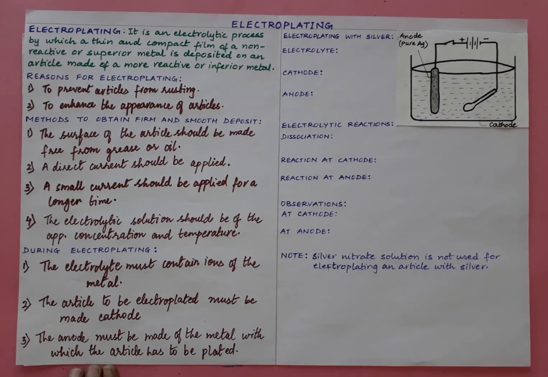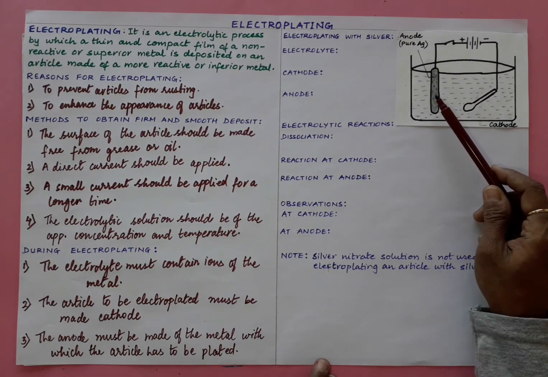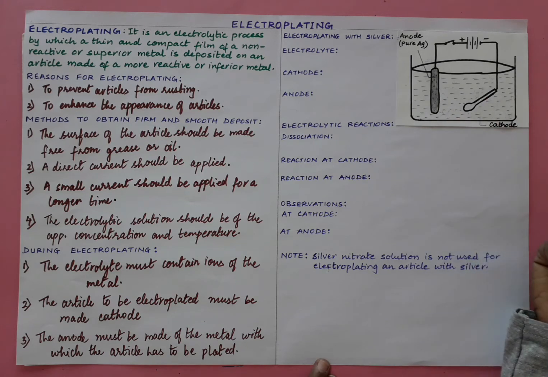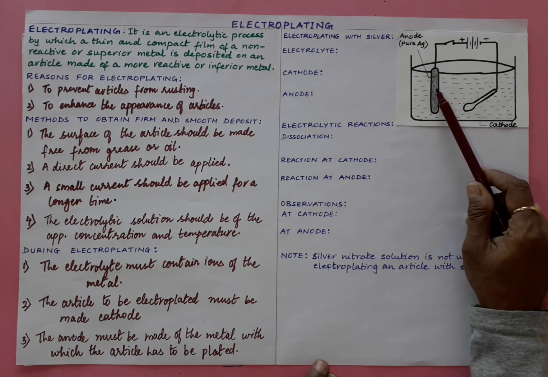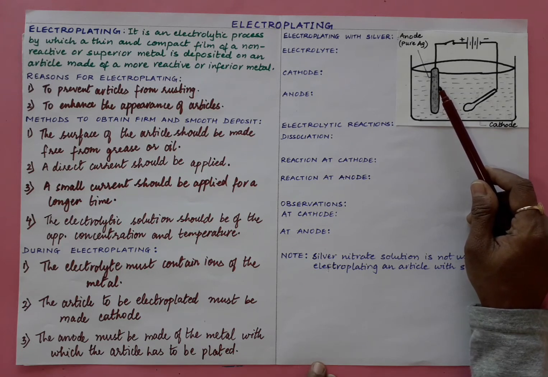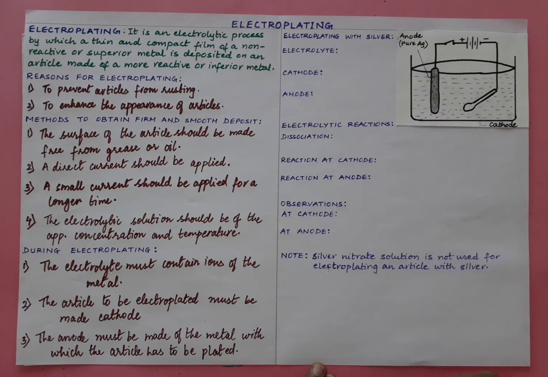So if we want to do coating of silver, then that anode must be made up of pure silver. If we want to do coating with any other superior metal, say nickel or silver, then the anode must be made up of that. So the anode should be made up of the pure metal by which we want to do plating. Right, so this is what we have to understand.